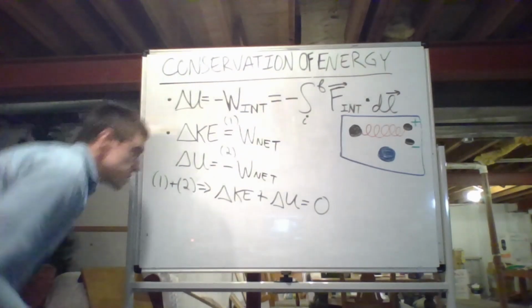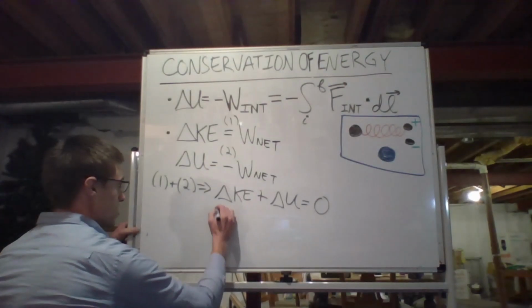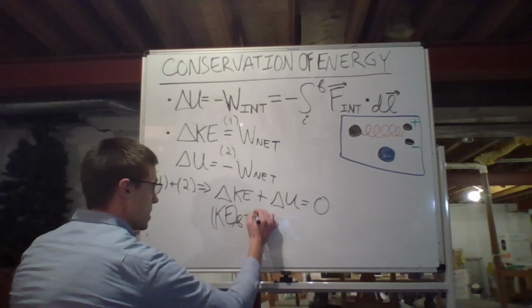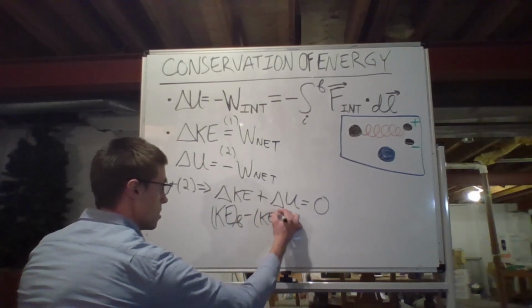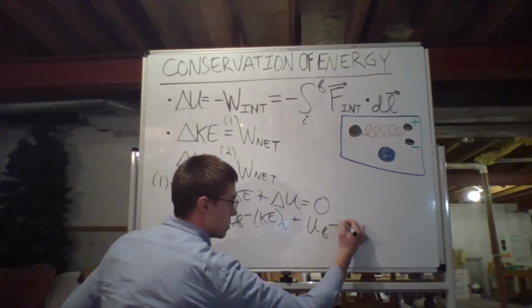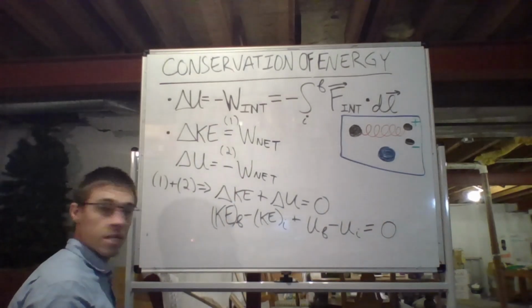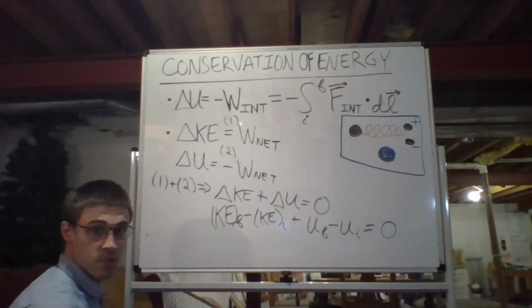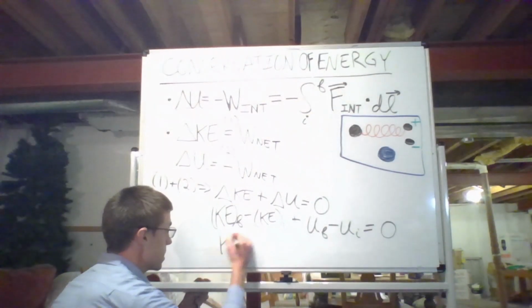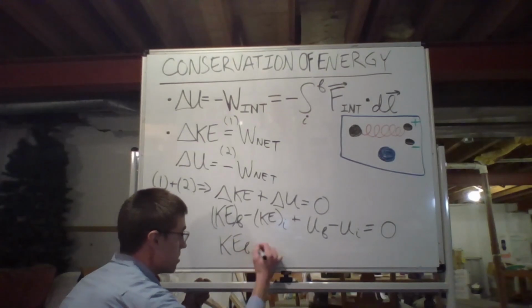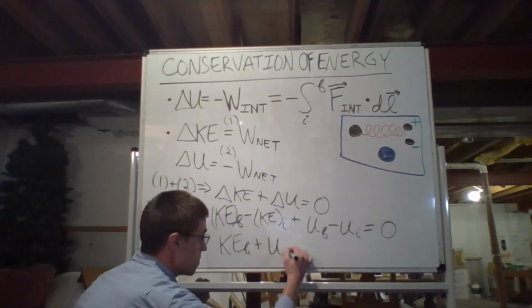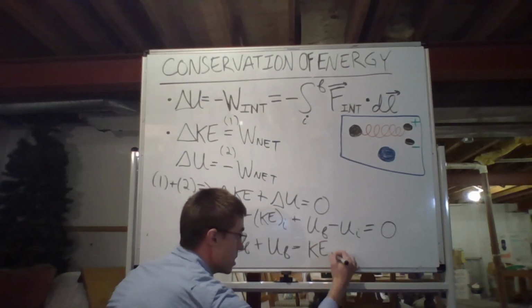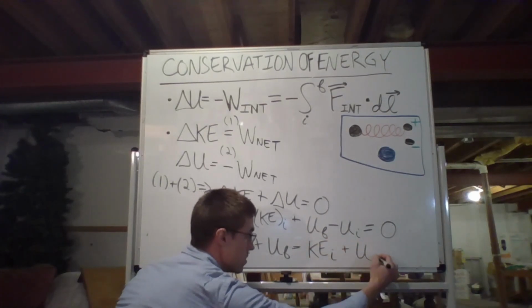So the change in kinetic energy plus the change in potential energy, that would be kinetic energy final minus kinetic energy initial. Or, in other words, adding the K initial and U initial to both sides, kinetic energy final plus U final is equal to kinetic energy initial plus U initial.